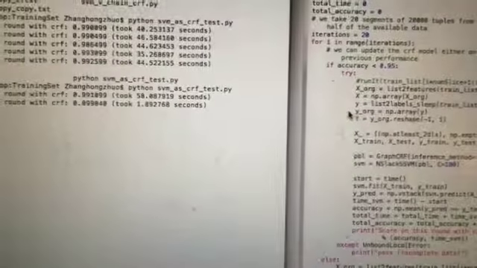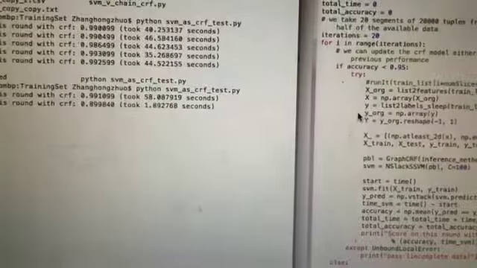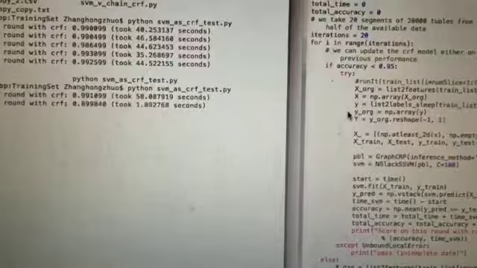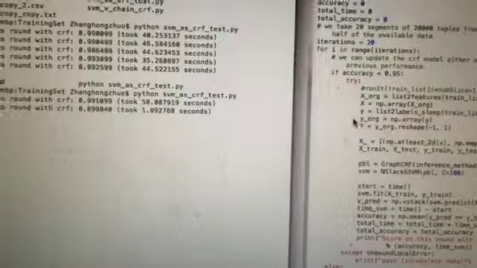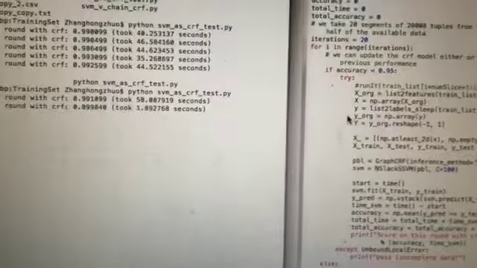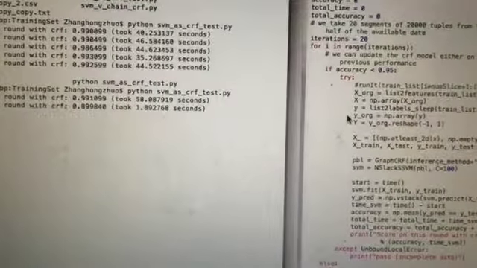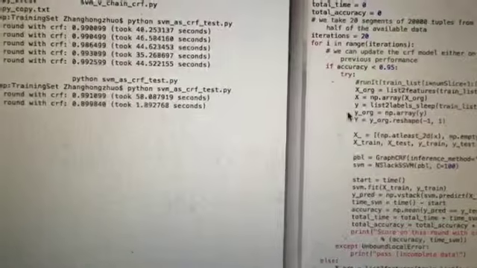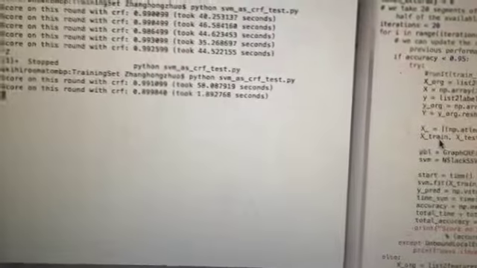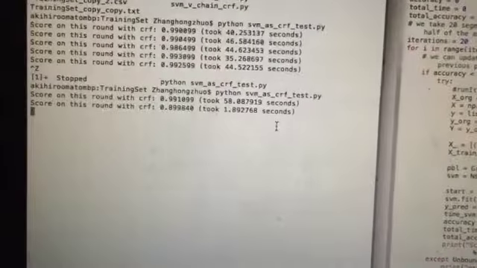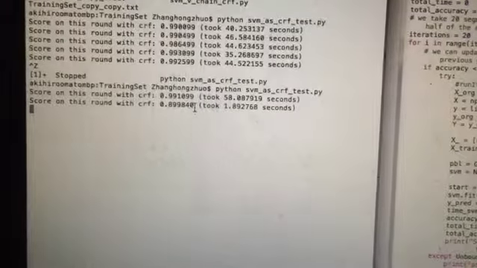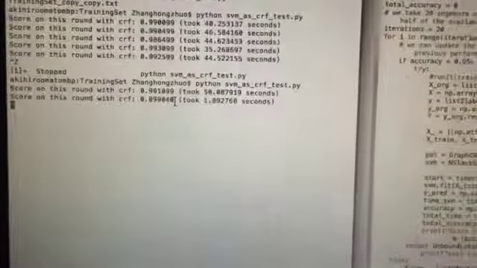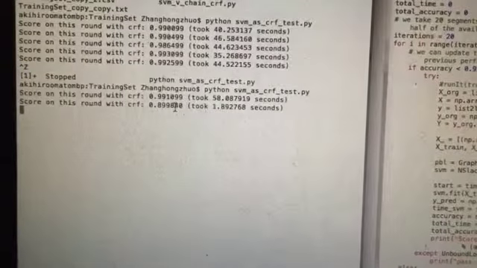So they are not independent incidences. And the CRF uses this fact, and it's like a two-way Markov chain, and it rarely updates when the status is already there. So that's why CRF is superior to SVM. And for our example, you can see that for the second round, it achieved an accuracy less than 95%.